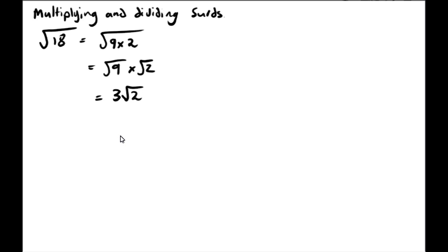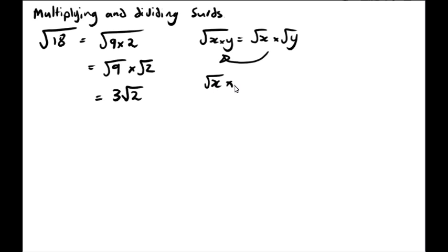So we've done a bit of practice using that, and remembering that that property comes from the square root of one number times another being the square root of one times the square root of the other. So we can actually use the reverse of that property: when we have one surd and we multiply it by another surd, we get the surd of the first number times the second.